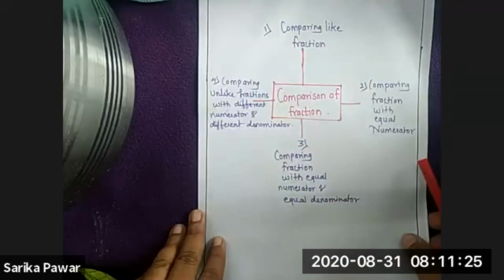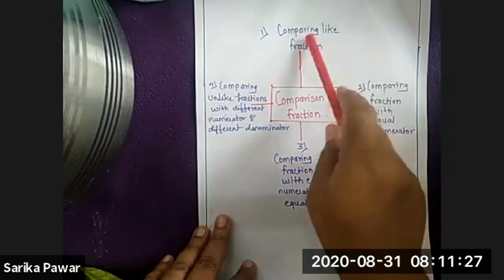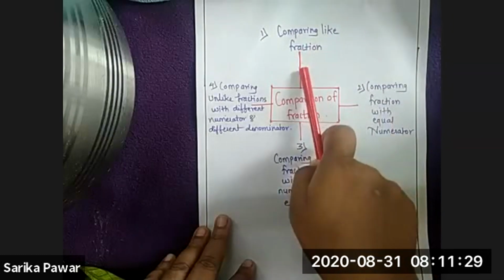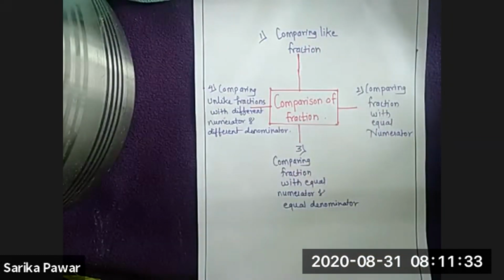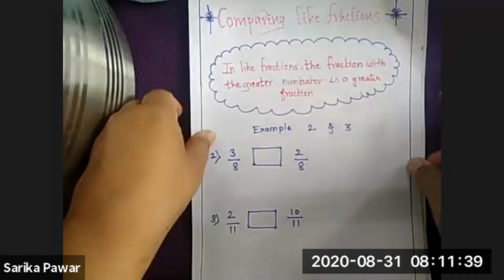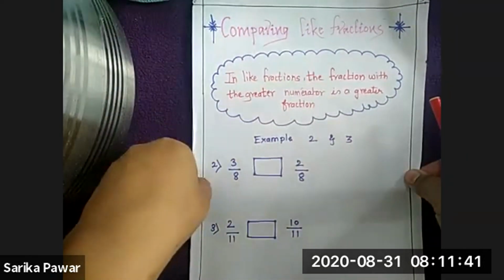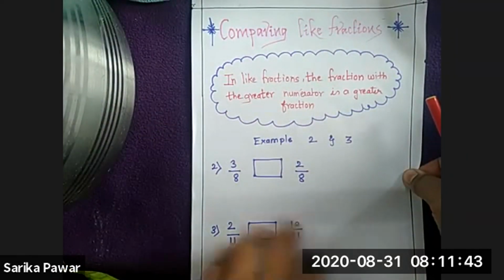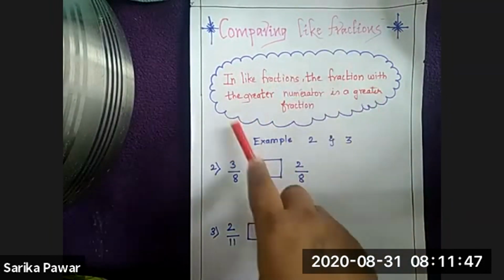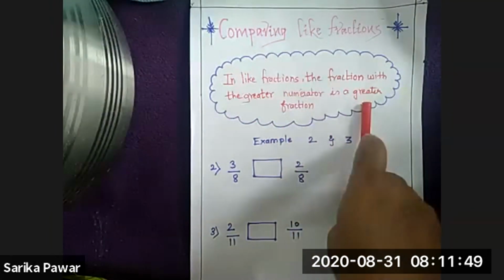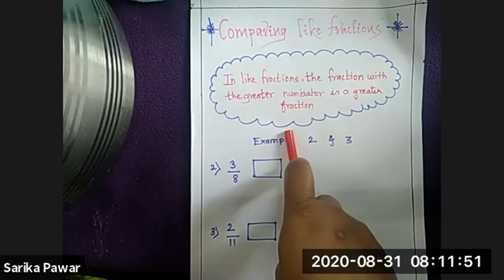So let's have comparing like fractions. We will learn this point first. Comparing like fractions. See here, in like fractions, the fraction with the greater numerator is the greater fraction, isn't it?